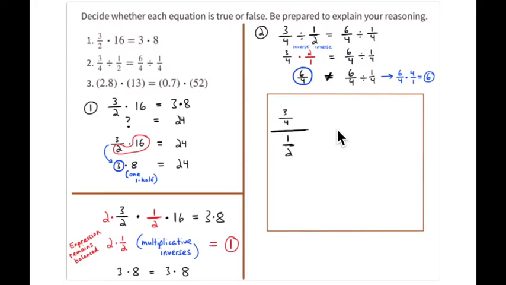And I want to use the factor and its multiplicative inverse just for a moment and show you how that works with division. So if I rewrite the division problem as a complex fraction, 3/4 divided by 1/2.